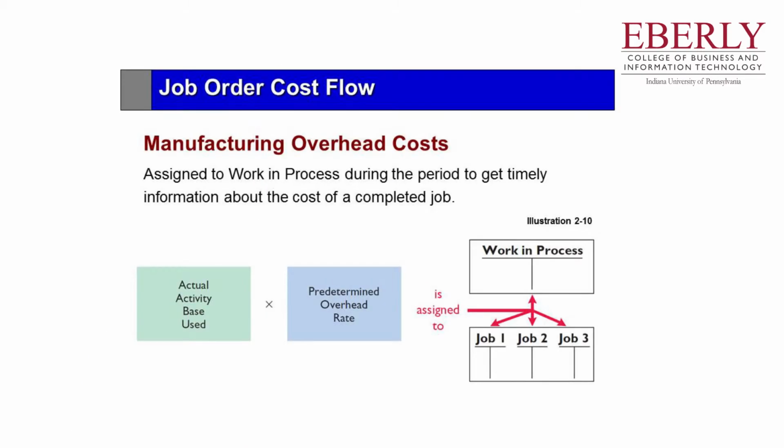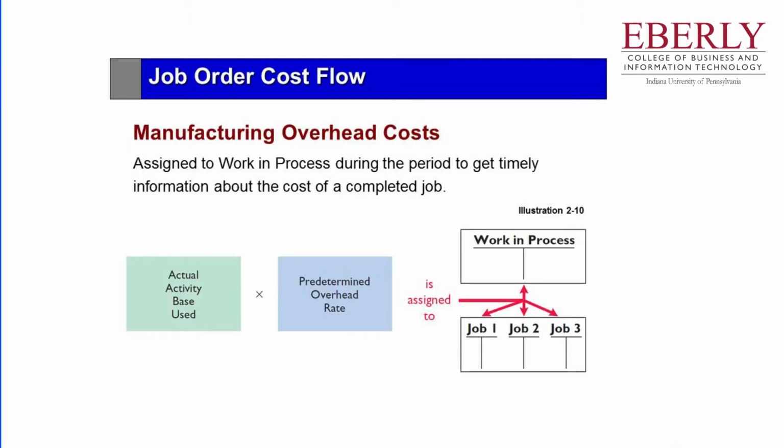So the next step is allocating the cost to a completed job. Once you have the predetermined overhead rate, you multiply it by the actual activity base used. So please note the difference. When you compute the predetermined overhead rate, earlier you used the estimated activity level.